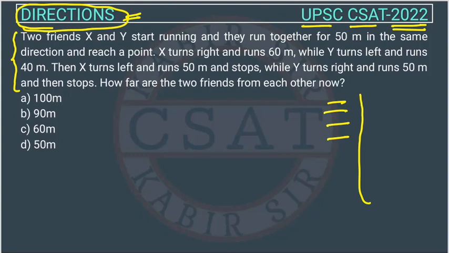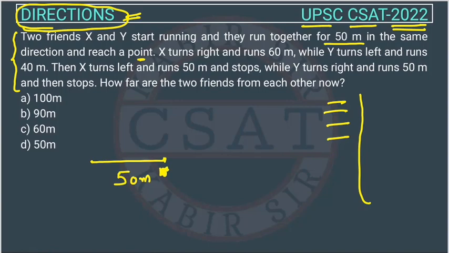So two friends X and Y start running, and they run together for 50 meters, right? So suppose this is the starting point, and no direction is given. They run 50 meters in the same direction and reach a point. Suppose this is the point.